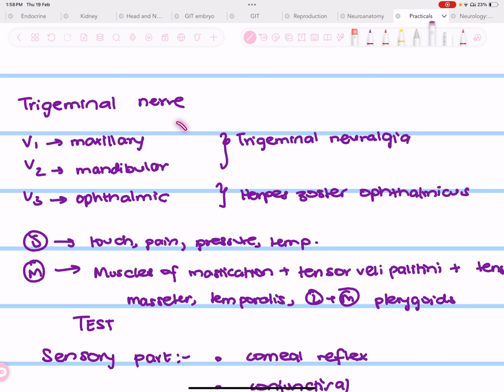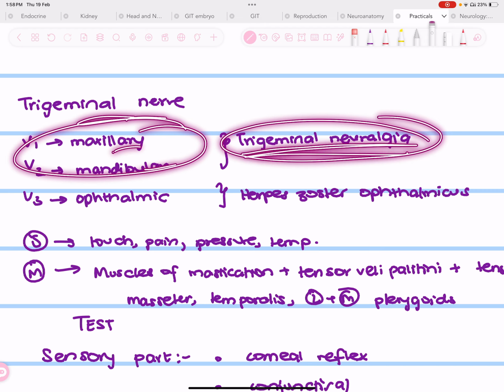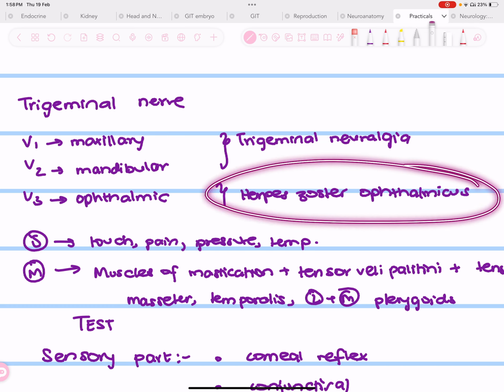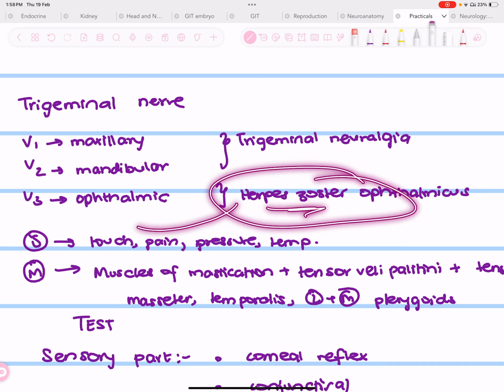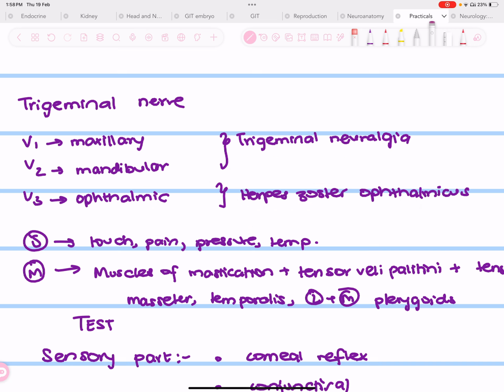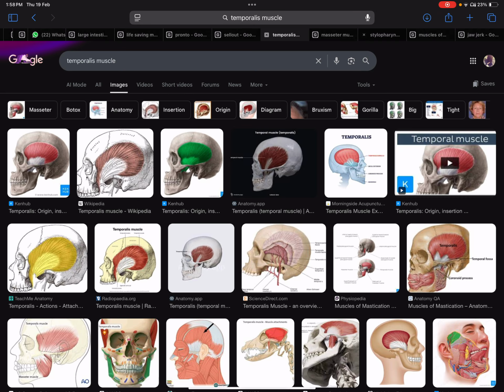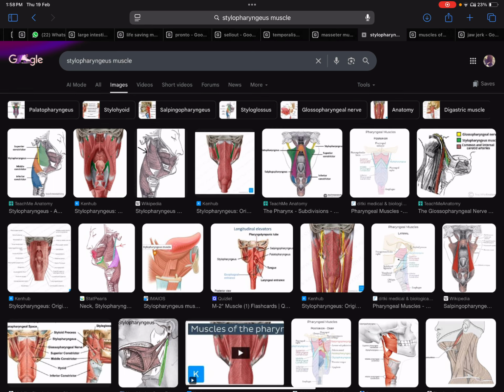Lesions in the maxillary and mandibular division of the trigeminal nerve will lead to trigeminal neuralgia, which is stabbing pain, whereas reactivation of the varicella zoster virus is going to affect the ophthalmic division of the trigeminal nerve, and it will cause periorbital vesicular rash. If you want to see its image, do we have an image here? Okay, I didn't save it here, but yeah.